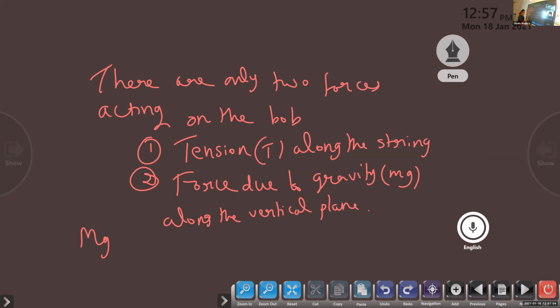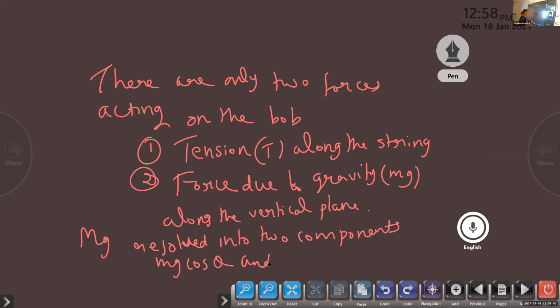The next line: mg resolved into two components, mg cos theta and mg sin theta. And L is the length of the pendulum.